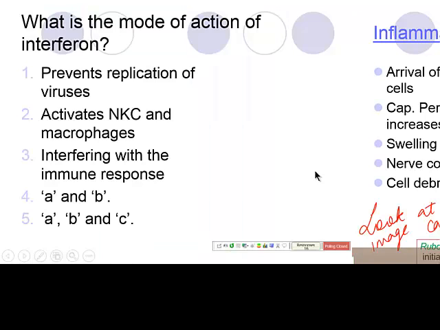So let's take a quick look at some things that we've discussed throughout the system. What is the mode of action of interferon? NKC stands for natural killer cells.